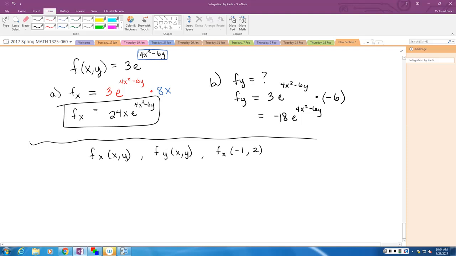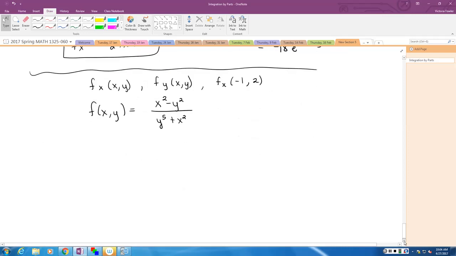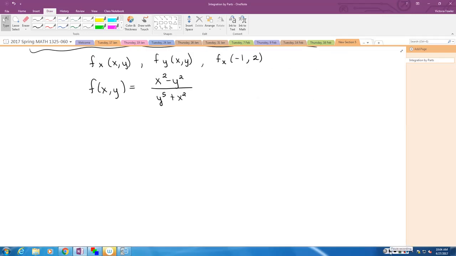So I'm going to give you a few minutes to start on this. Okay, so we've got x squared minus y squared all over y to the 5th plus x squared. Can you guys tell me what rule you're going to use? Quotient rule, and it has been a while.